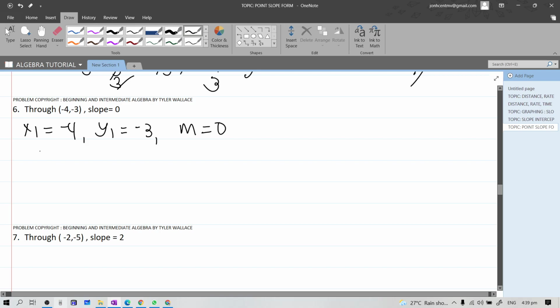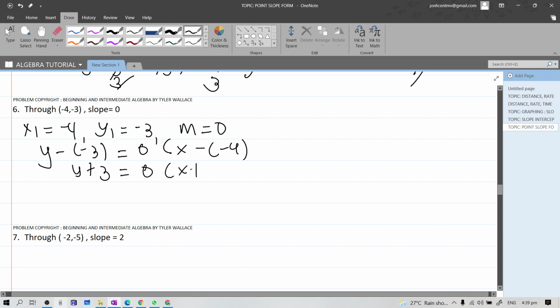Then, we have y minus y sub 1, negative 3, is equals to 0 times x minus negative 4. Y plus 3 is equals to 0 times x plus 4. And we will have, add both sides by negative 3.